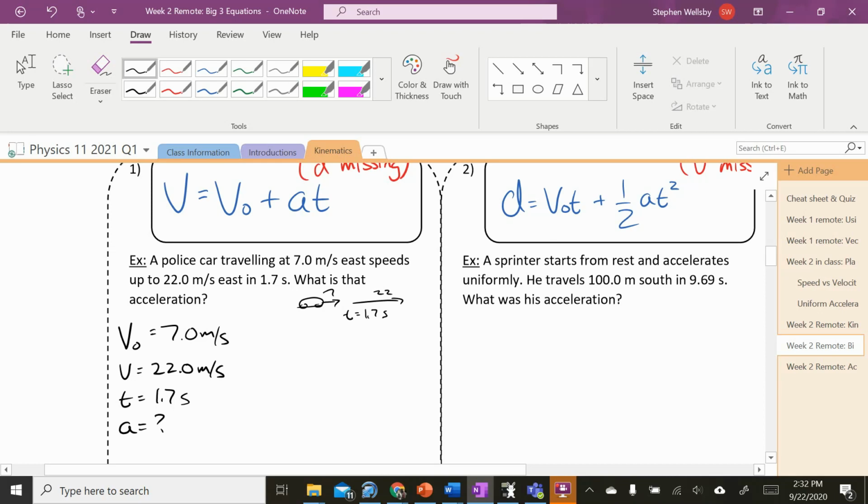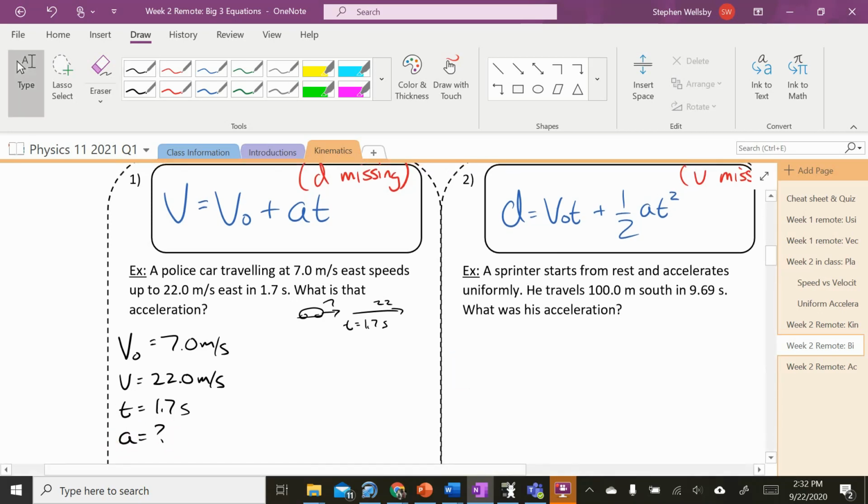You'll notice it doesn't tell me anything about the distance, but I actually don't need the distance in order to solve this problem, as long as I use equation number 1. So if I'm trying to solve for A, let's rearrange the equation. I know the formula is V equals V naught plus AT. I'm going to subtract V naught from both sides, and divide both sides by T. And I have A equals V minus V naught over T.